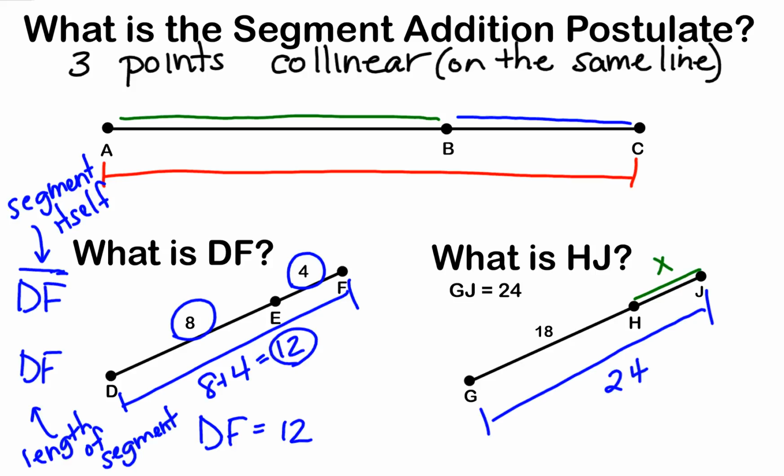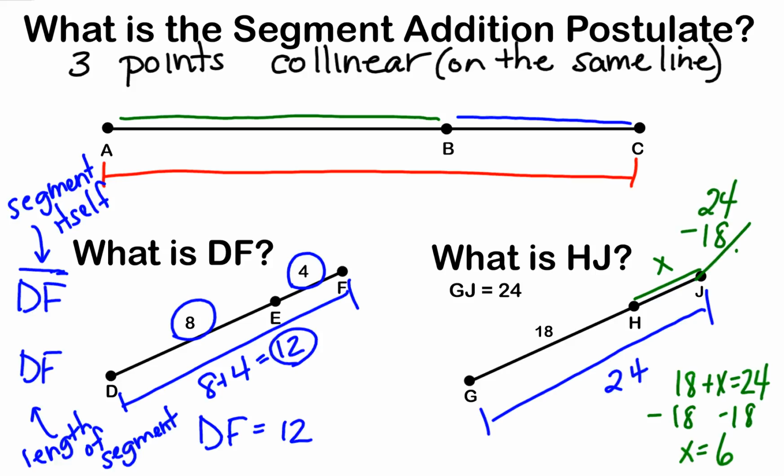The segment addition postulate says that I can say 18 plus X equals 24, that I can subtract 18 from both sides and get that X is equal to 6. I know that you probably just did 24 minus 18 and you got 6, and that's fine as well. I don't have a problem with that. Just note that the true use of the postulate involves adding.